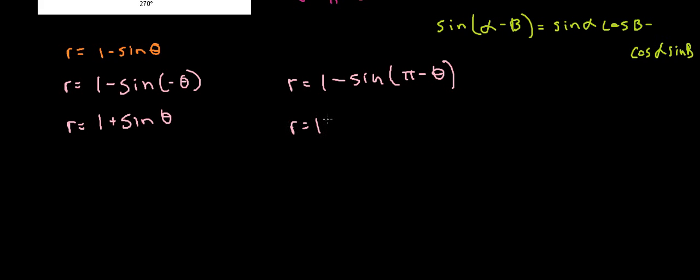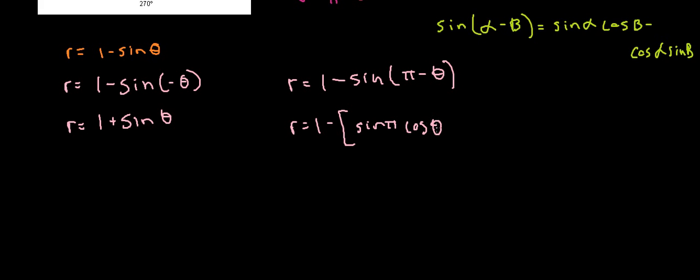So r is equal to 1 minus, and then I'm just going to replace this whole thing. Sine alpha, which is pi, cosine beta, which is not minus theta. I ignore this minus sign because it's already taken into account in the formula. So I don't want to put minus theta, that would be wrong. That's something easy to forget.